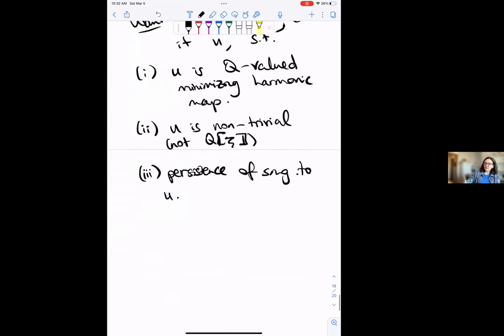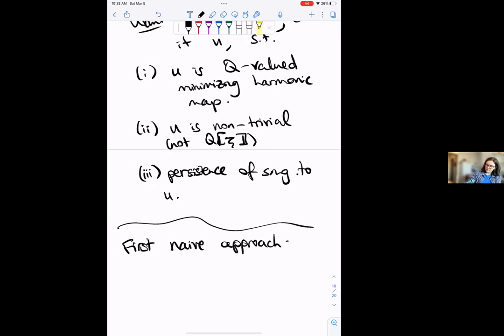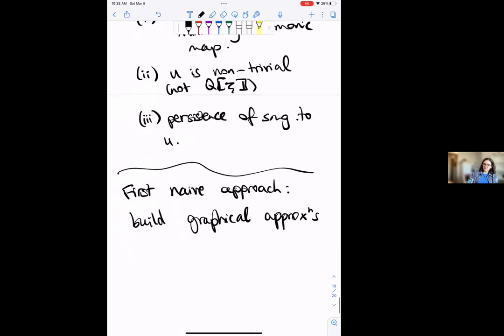Well, the first naive approach would be to build these graphical approximations to these rescalings of T over optimal planes. But it turns out that this is a bad idea.